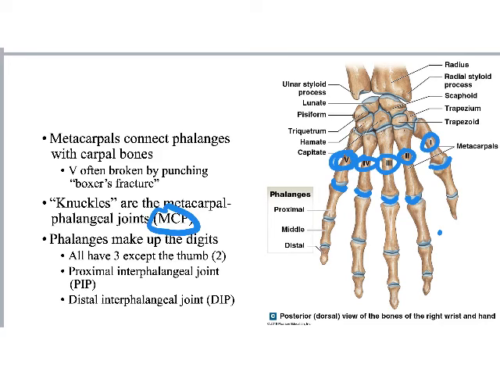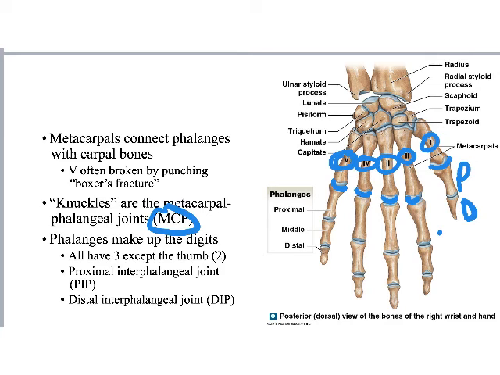And the one in the middle would be the middle. So you have proximal, middle, and distal phalanges for each finger. Now the thumb, you'll notice, only has a proximal and a distal. It does not have 3 phalanges, it only has 2. The other 4 fingers have 3 phalanges.